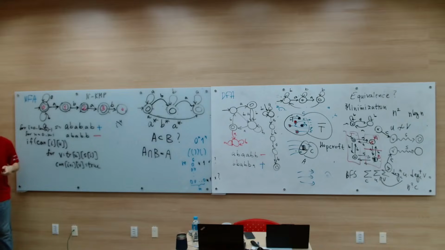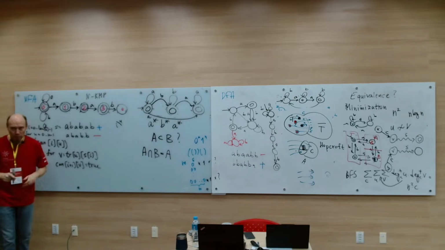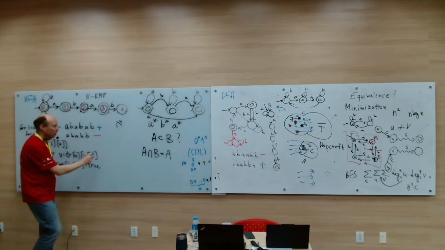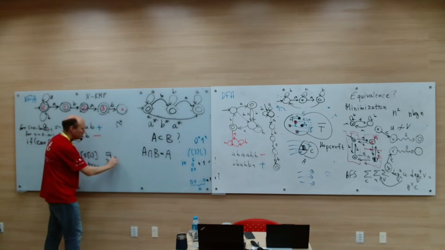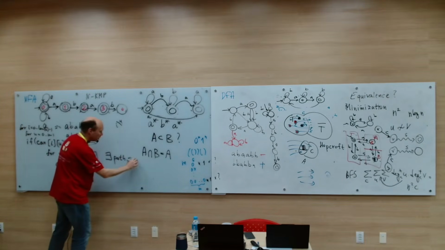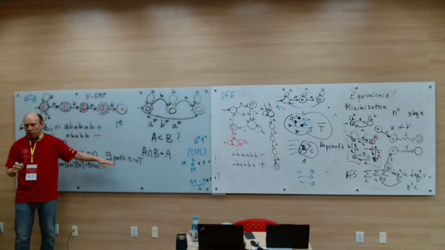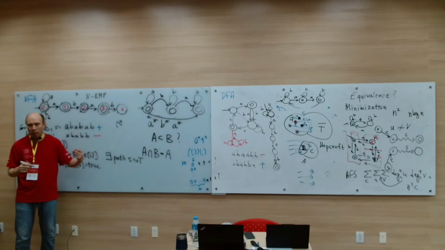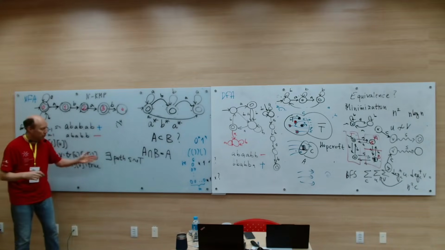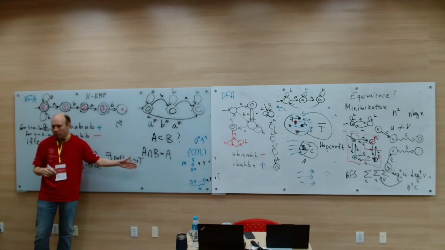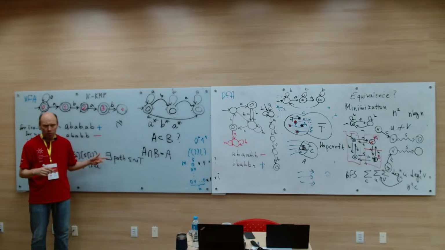This is actually the very fundamental principle: we have exists path from S to terminal. The negation of this is all paths from S lead to non-terminal, not exists path from S to non-terminal.